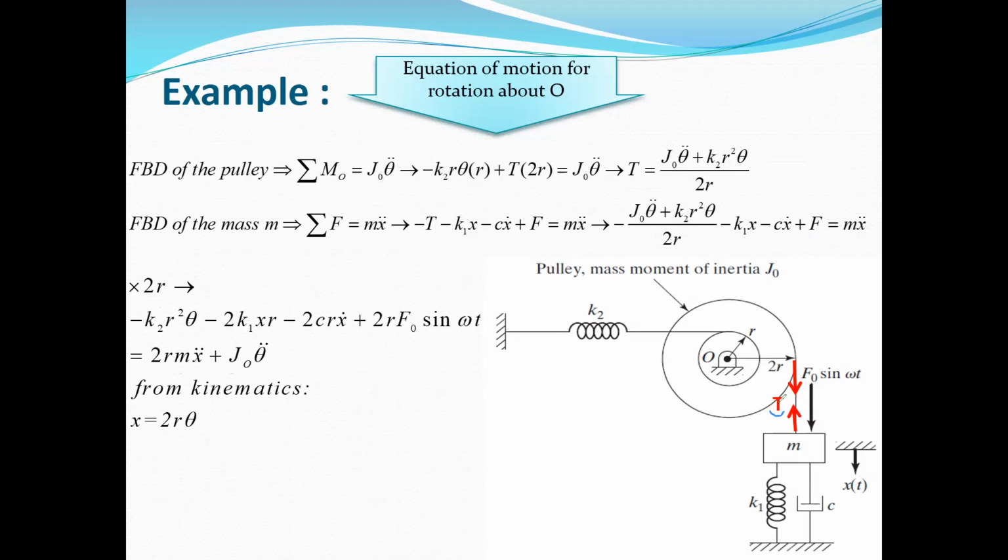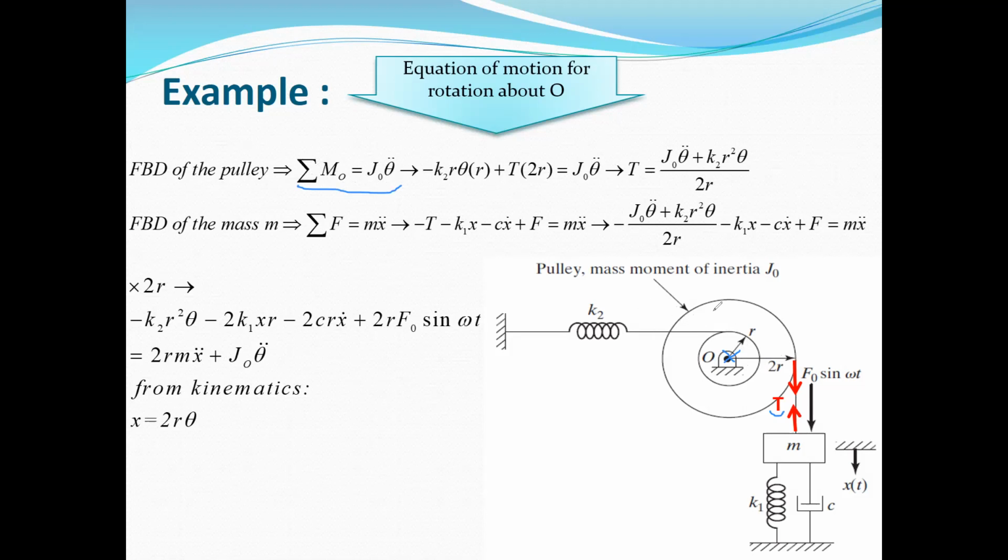And in fact, this tension T is the relation between the motion of the pulley and the mass M. So if you write the moment equation for this pulley, you can write the moment equation about point O, because this pulley has a pure rotational motion about point O. So the moment about point O must be equal to the mass moment of inertia about this point multiplied by the angular acceleration.